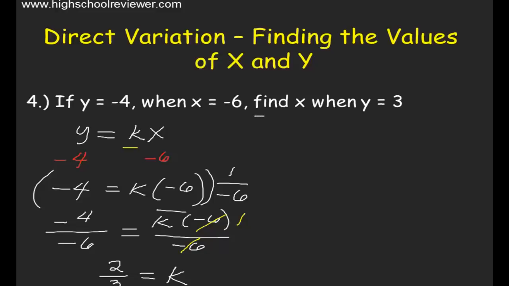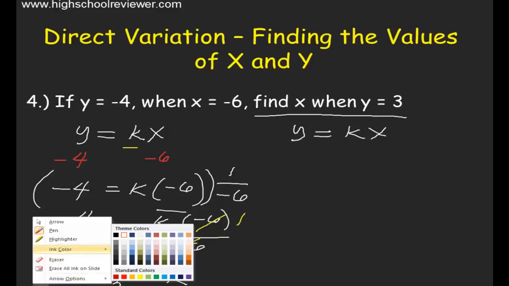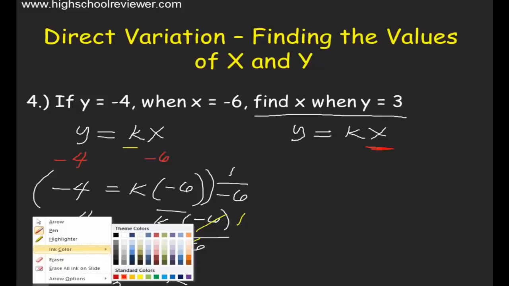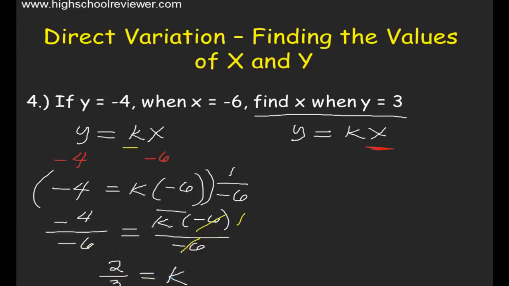Now, we are going to find x when y is equal to 3. Again, we are going to use y equals k multiplied by x. But this time, we are going to find for x. So to find x, we are going to transpose k to the other side, or we need to cancel out k here.